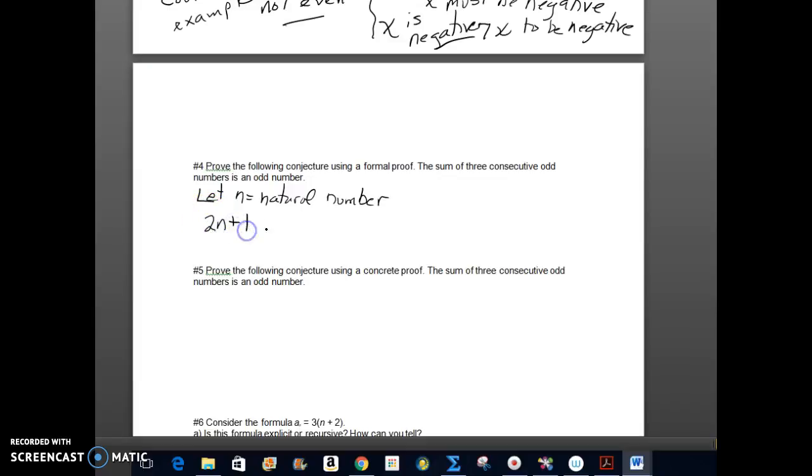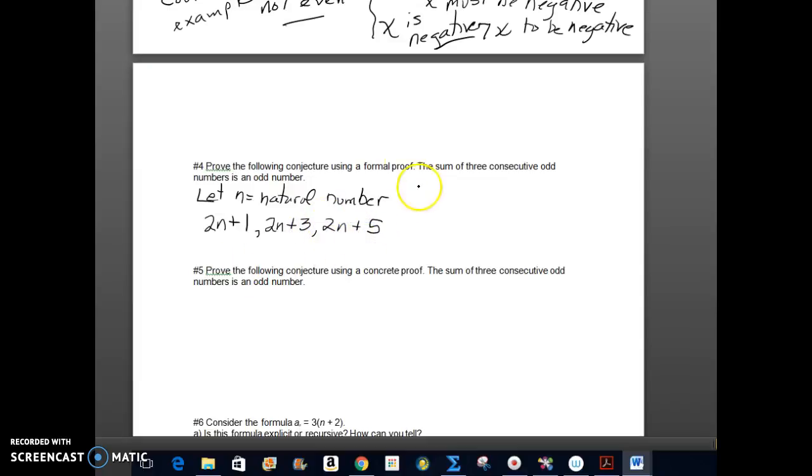And as you saw, hopefully, looking at the other screencasts during the proofs, 2n plus 1 is a way to ensure that I have an odd number. Because if I take a number and I multiply it by 2, I always get an even number. And if you add 1 to an even number, it's always odd. All right, if I need consecutive odd numbers, they look like this.